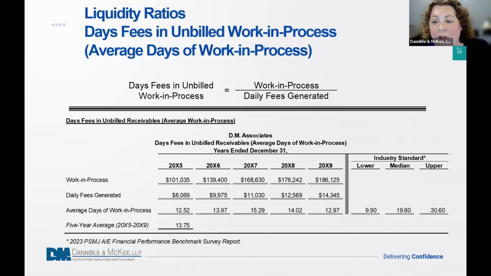Industry standard is 19.6, so roughly twice a month. This is very important, because if you're in this upper category of 30 days, that's a problem, because how often you're billing is going to be reflective of your collections, obviously. So ensuring that you're burning and churning those bills twice a month is very important.